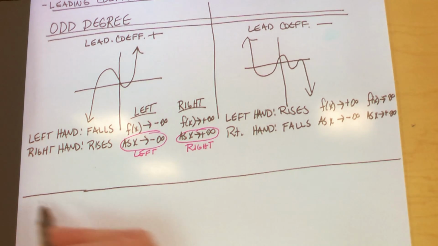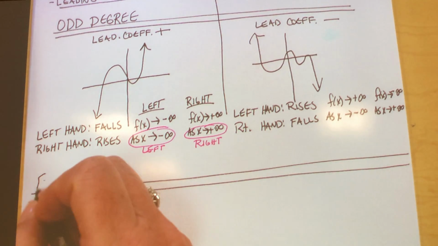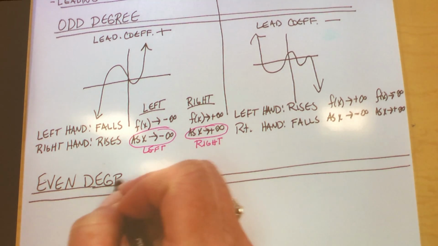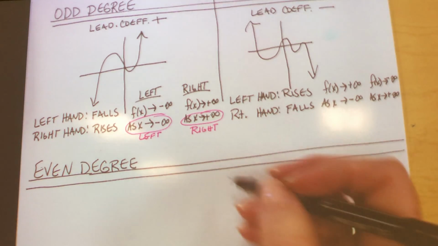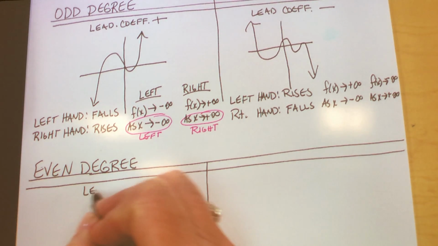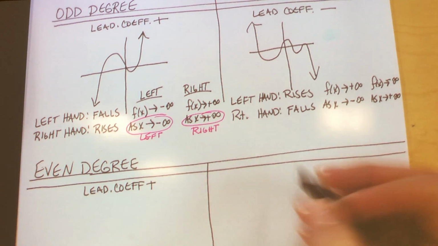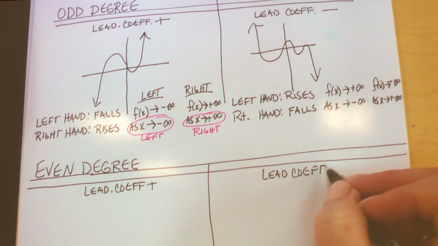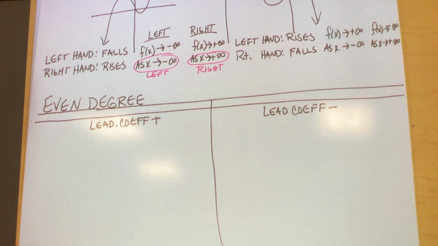All right, so now let's do an even one, okay? So these are gonna be the even degree. So we're gonna have the same thing. We're gonna have a leading coefficient that's positive and a leading coefficient that's negative.